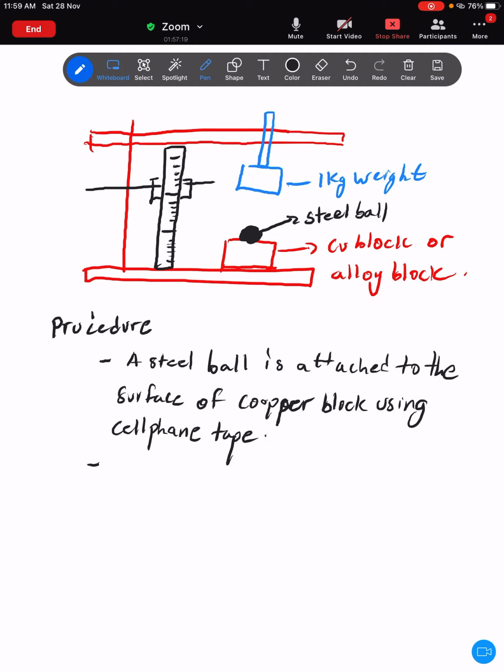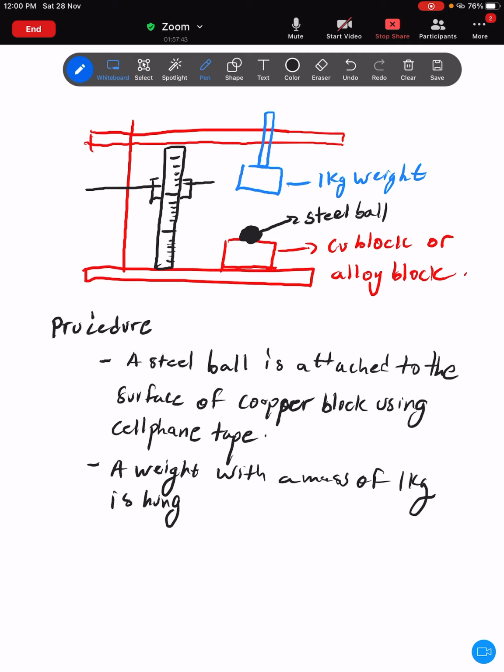And number 2, a weight with a mass of 1 kilogram is hung, past tense kot.